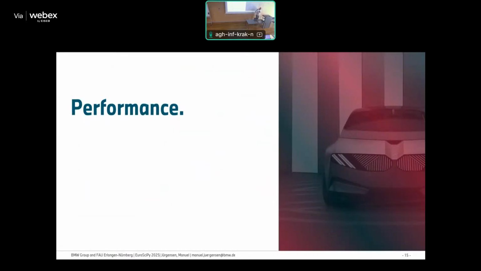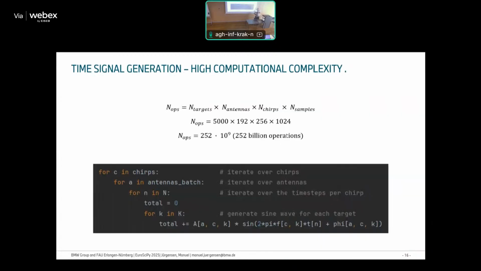So, to talk about performance of my framework. The thing is, with radar simulations, it's computationally super heavy. So let's say we have about 5,000 targets. We have 192 antennas, which is quite common for high-resolution radar in the automotive sector.